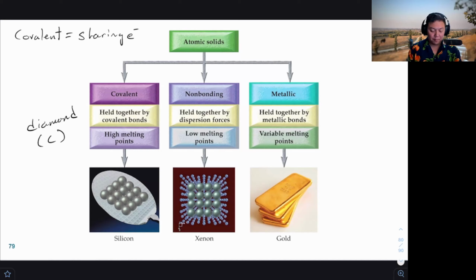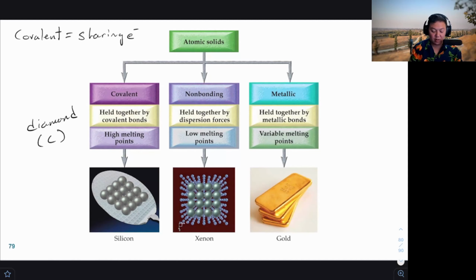And I do want to point to this fact again that our covalent atomic solids are held together by covalent bonds. These covalent bonds are much, much stronger than any of the intermolecular forces that we talked about earlier, which is why they have high melting points.